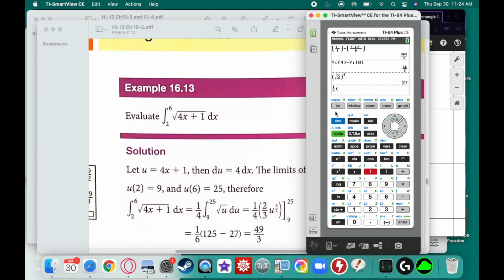The first one is 2 over 3. And let's do it the easy way. Let's go y equals, clear this out. I'm actually going to write this in here, okay? So 1 over 4, okay, alpha f1, whoa, not that one.